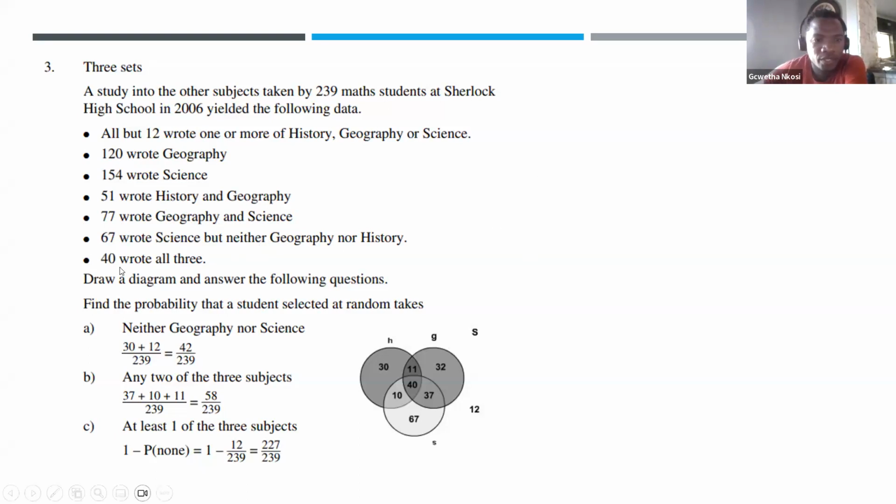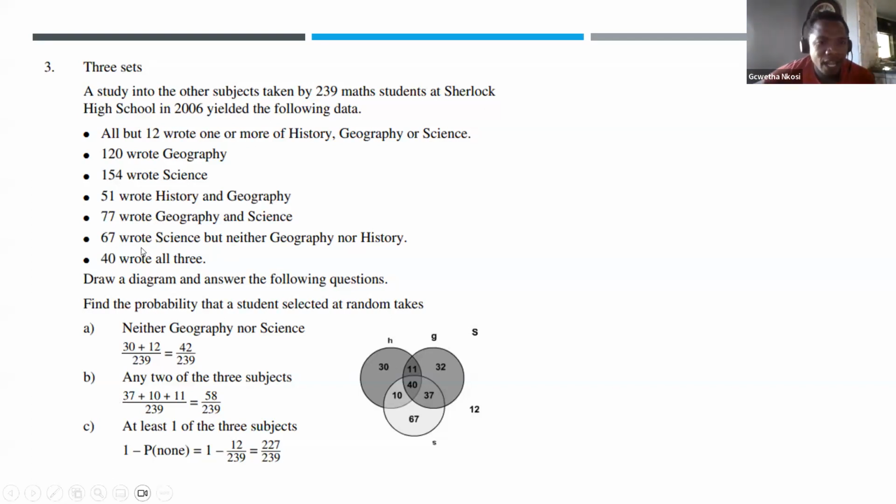So they tell you that 77 wrote geography and science. Normally, with this kind of scenario, they normally give you two intersections and they will never give you the third one. Now you have to see how you get the other one.